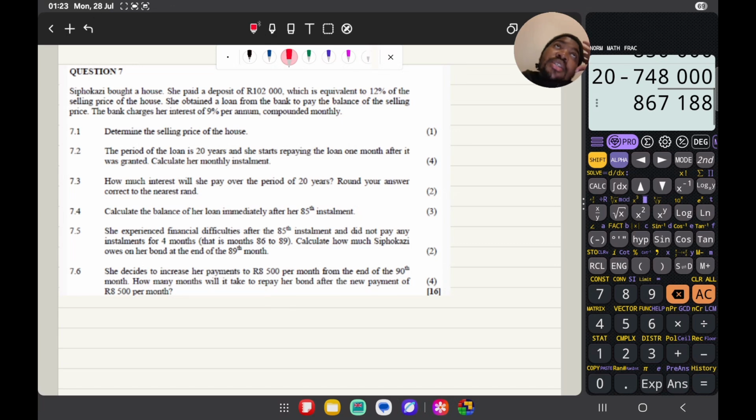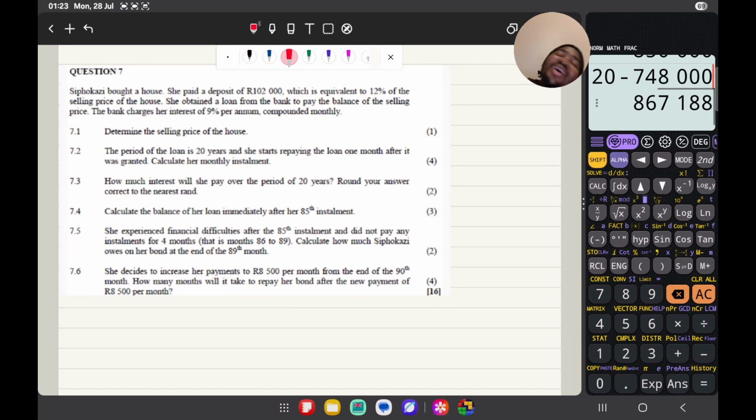The first way is to think of this as a future value annuity type of thing, where you are putting money into a savings account, so you can calculate how much all these 85 payments equate to.